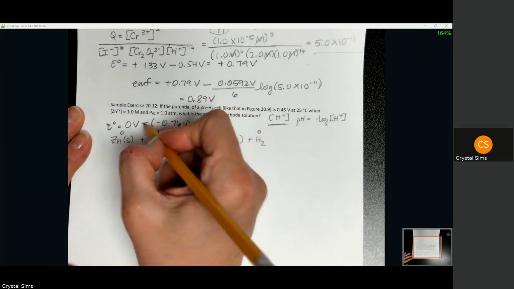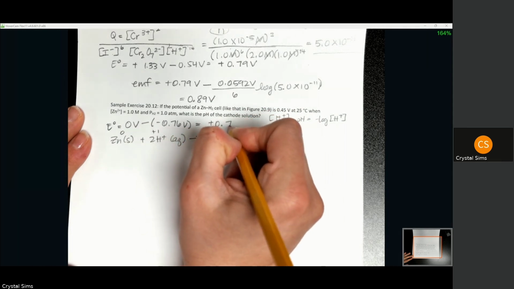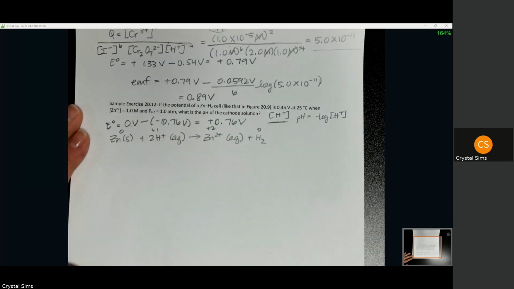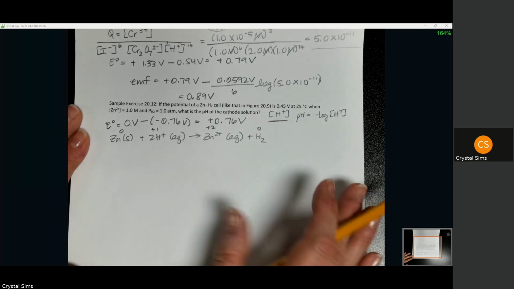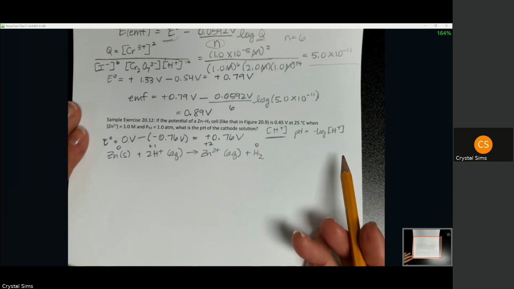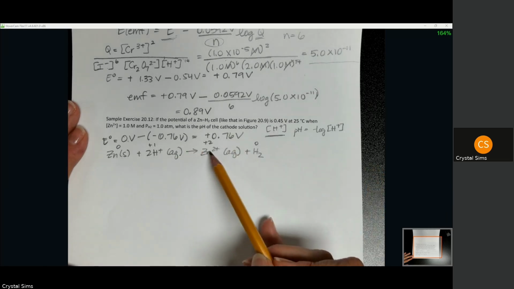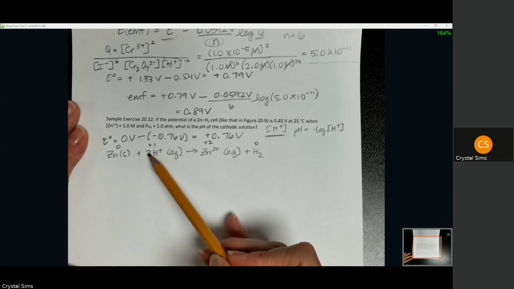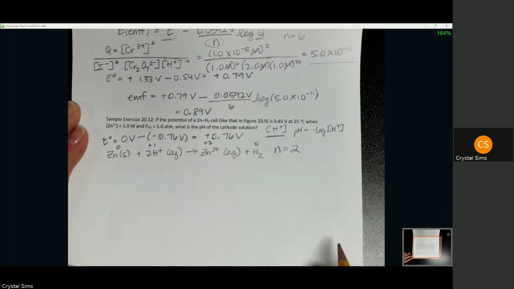So a negative of a negative is a positive, so our value here is 0.76 volts. Okay, and I just went to table 20.1 to figure that out. So I've got that. I need my N value, how many electrons were lost or gained. Well, we can see here that it was 2, because zinc goes from a 0 to a +2. So N is going to be equal to 2.